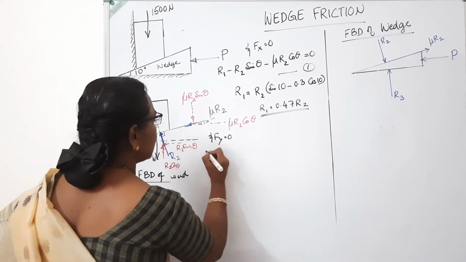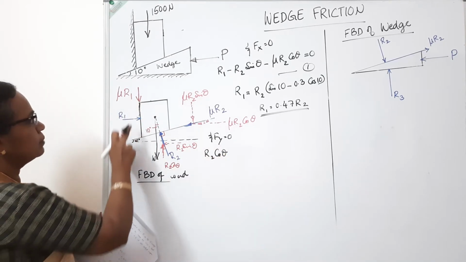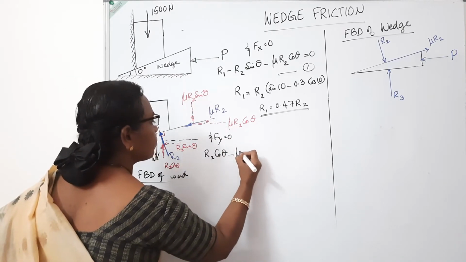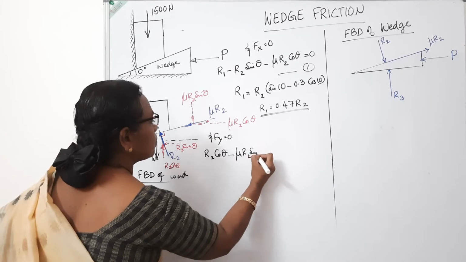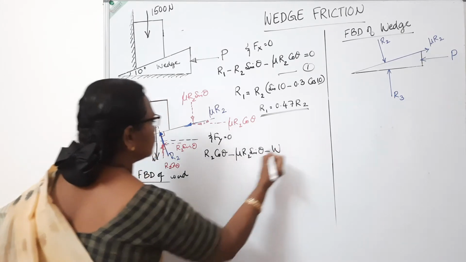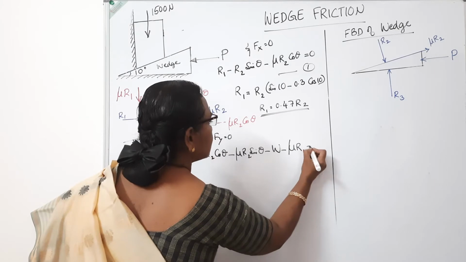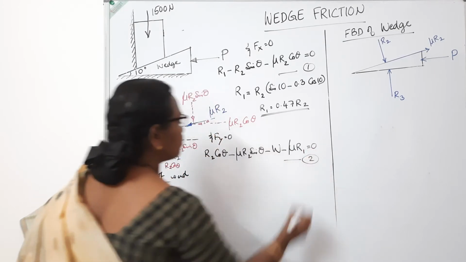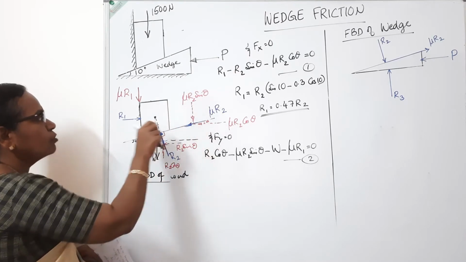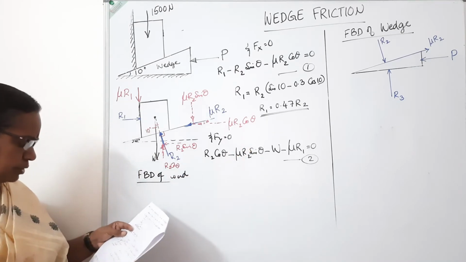So R2 cos theta, minus, I can write this, mu R2 sin theta, minus W, minus mu R1 is equal to 0. That is the second equation. R2 cos theta upwards, mu R2 sin theta downwards, mu R1 downwards, W downwards. So sigma Fy is equal to 0.